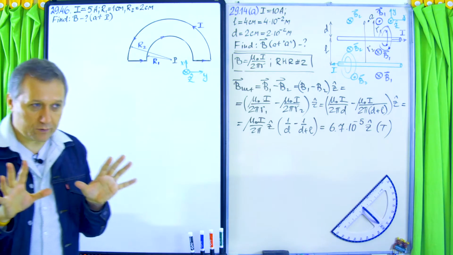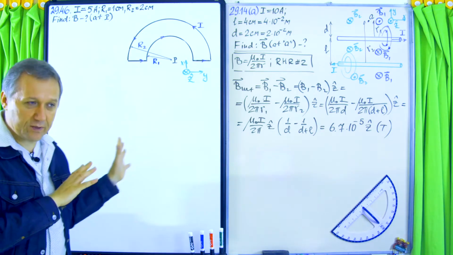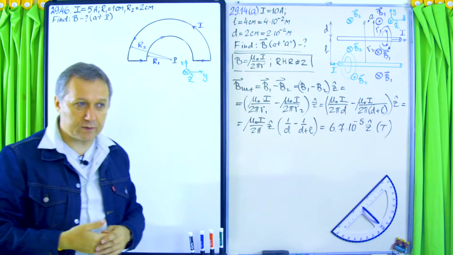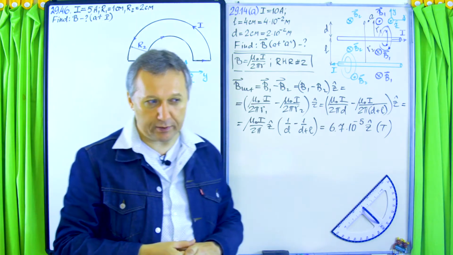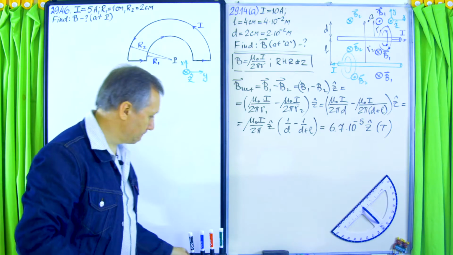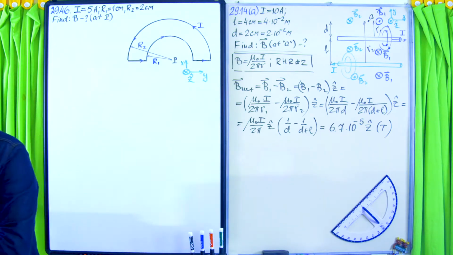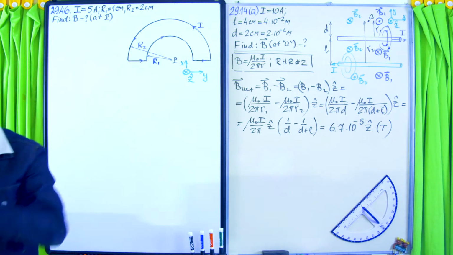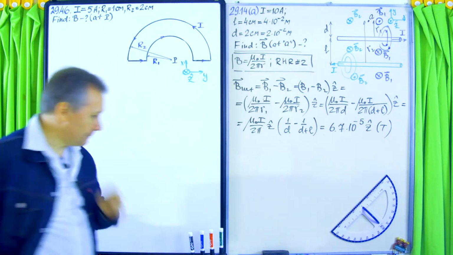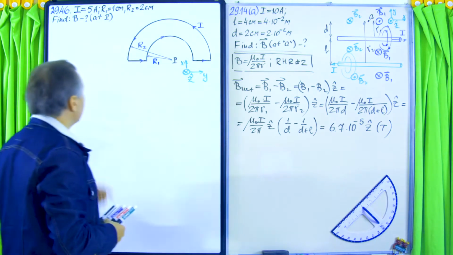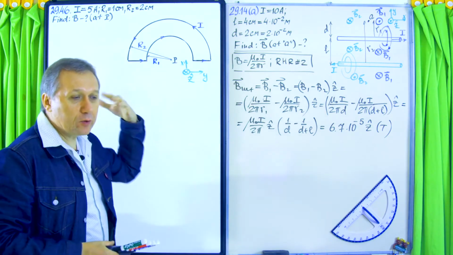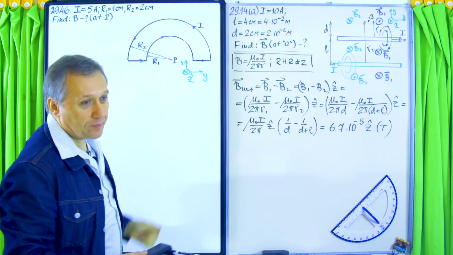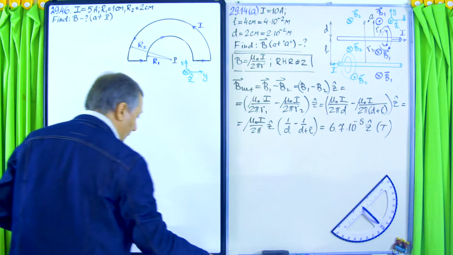So the approach that you will have to apply will be very similar to what we're going to do now. But of course, the configuration is slightly different, and I think that problem will be somewhat easier, because you will not have to find the magnetic field created by this outer semicircle.